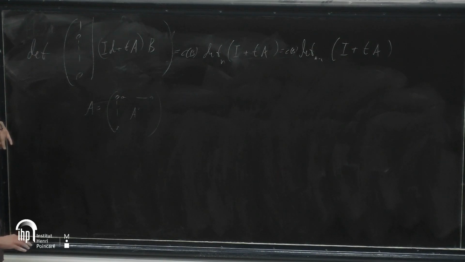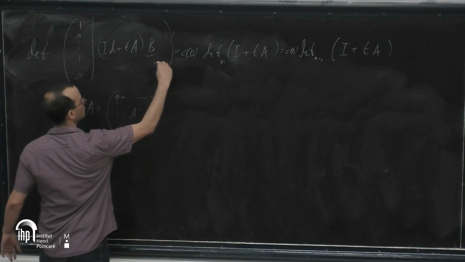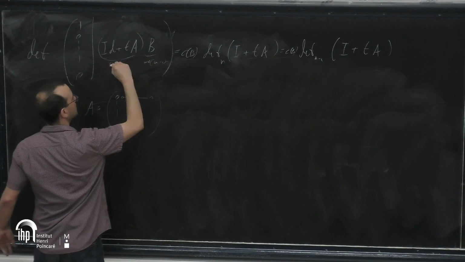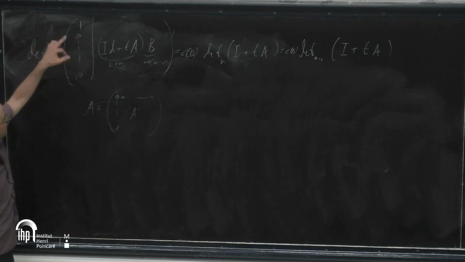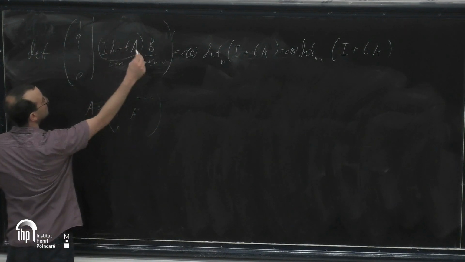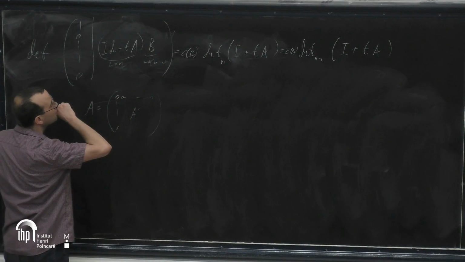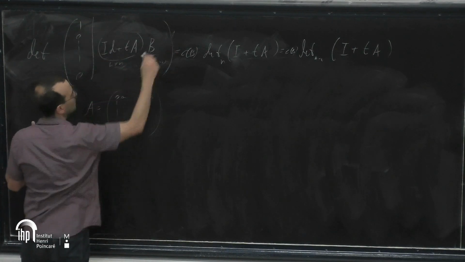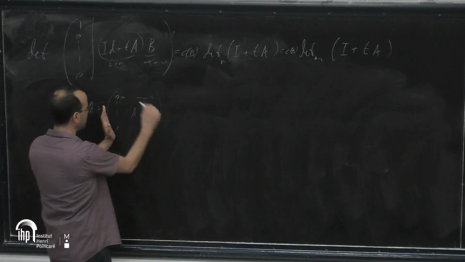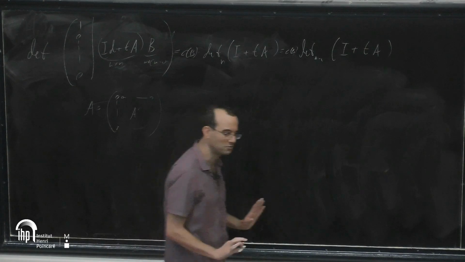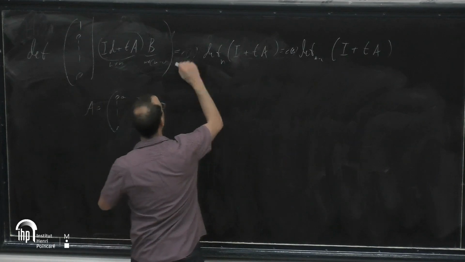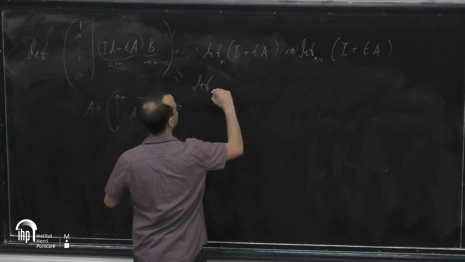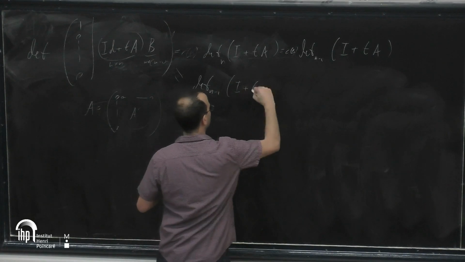Who knows linear algebra in this room? So this is n minus 1 times n, and this is n by n. You expand by the first column, you get this little matrix, and the determinant is exactly the determinant of this little matrix times the determinant of the block.